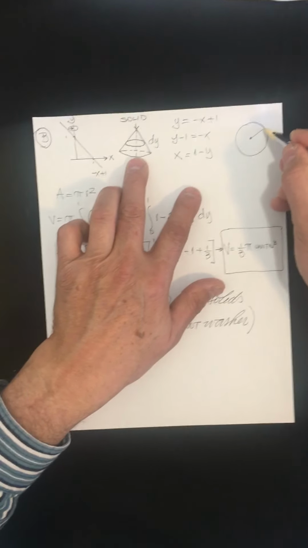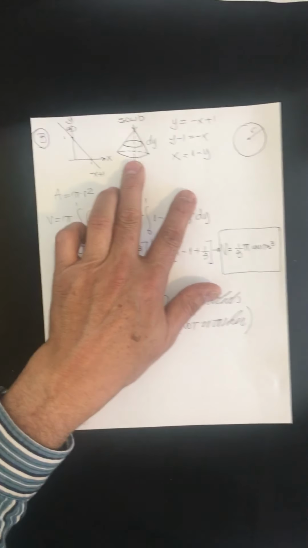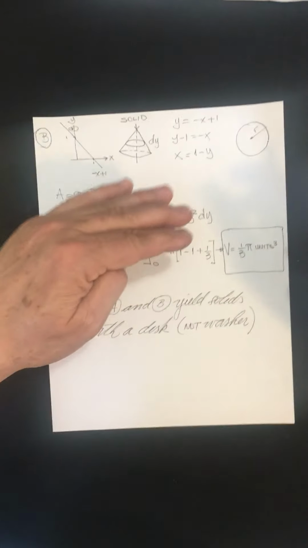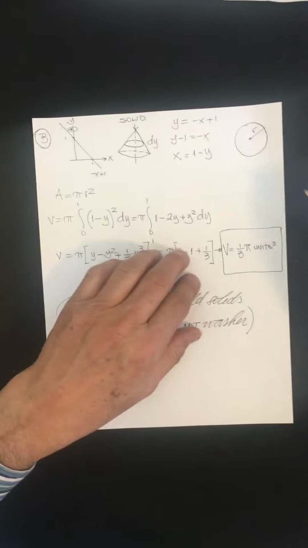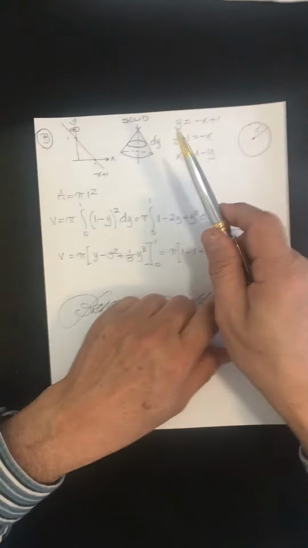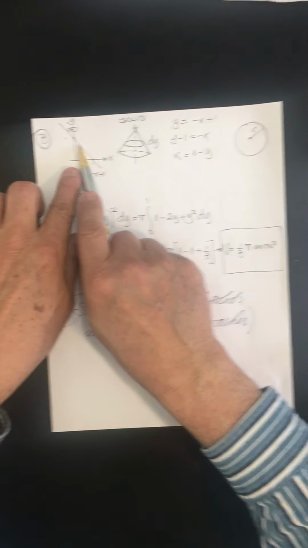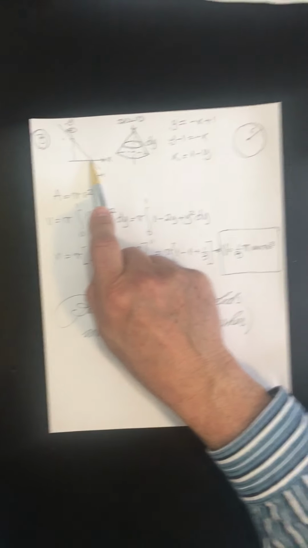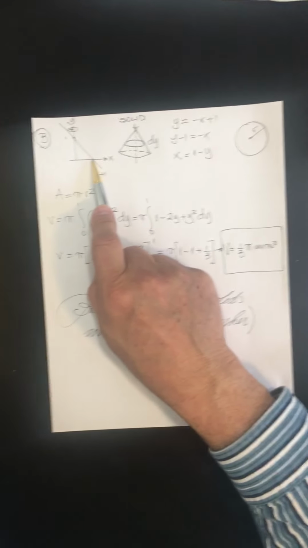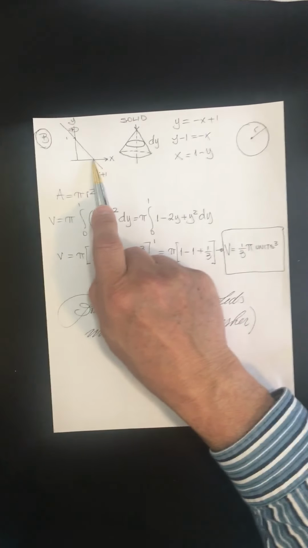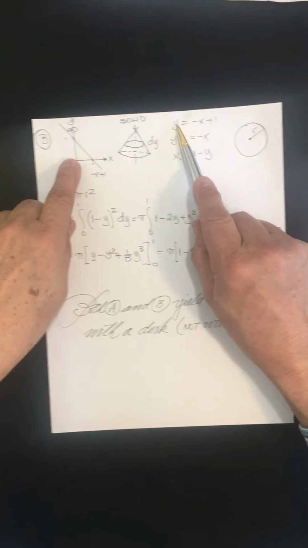So I'm also going to have a little r here, except that the slices now are piled up this way. Note that I must integrate over y, therefore I have to switch the function to y's, meaning it has to be x equals something. How do I do that? Well, here's the function.